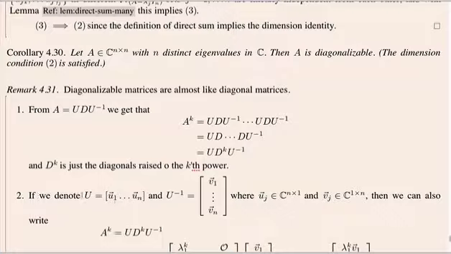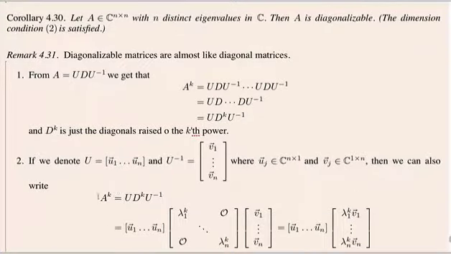Also, if we denote by u1, ..., un the column vectors that are the columns of U, and U inverse, for example, is written as a column of the vectors v1, ..., vn, which are row vectors. So the u's are column vectors of size n by 1, and the v vectors are row vectors of size 1 by n.